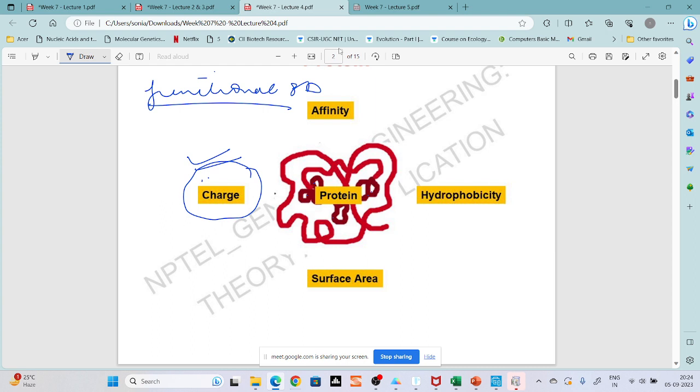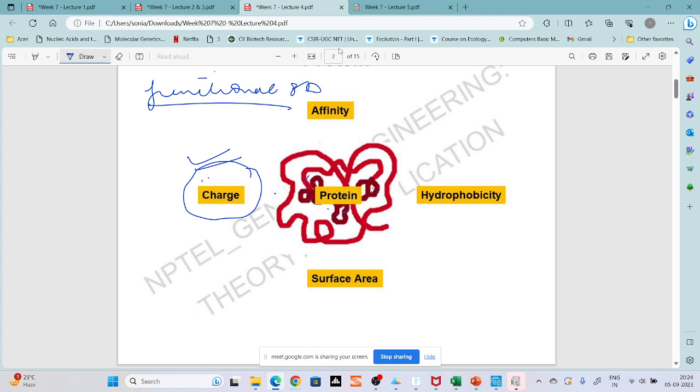So hydrophilic means water loving, and hydrophobic, phobia. So I have a phobia of water, that means I'm scared of water. So hydrophobic means they are water repelling. So whatever hydrophobic amino acids are there, they're inside, and hydrophilic amino acids, they are on the outer side.